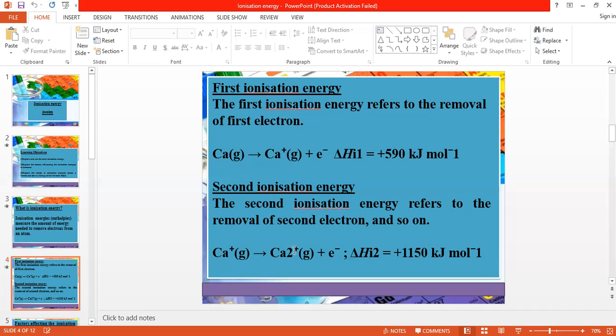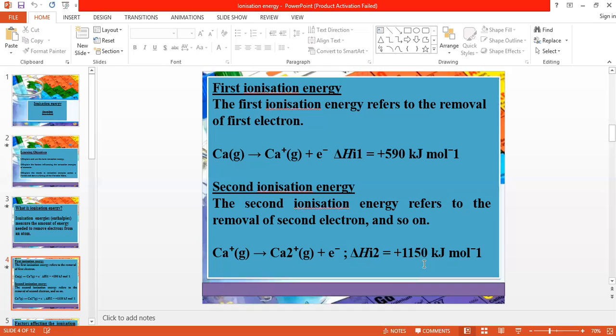So look at the energy here. When you remove another electron from the calcium ion, it will become plus 2. So plus 2 means how many electrons have we removed now? Two electrons. The first in the first ionization energy, the second we remove now, so it's plus 2. Look at the amount of energy, it's 590 and 1150. What do you think, is it double or triple? Which amount of energy is greater, first or second?